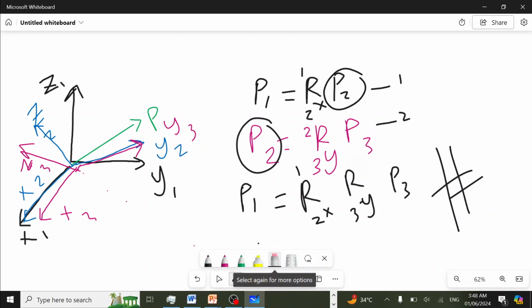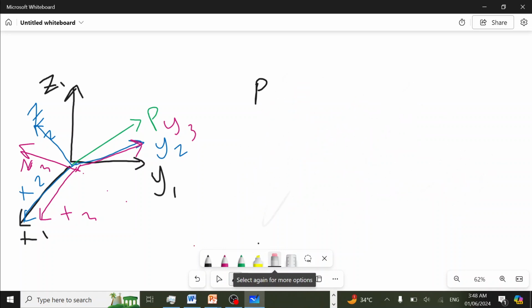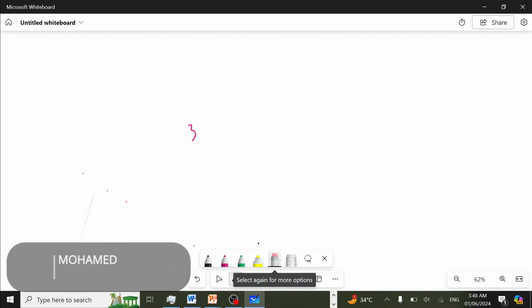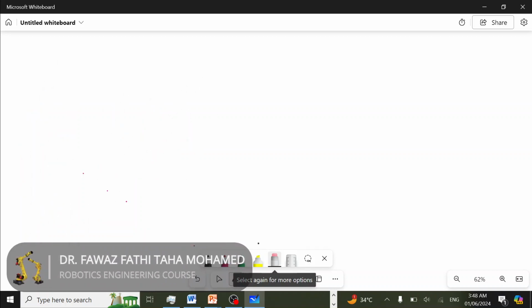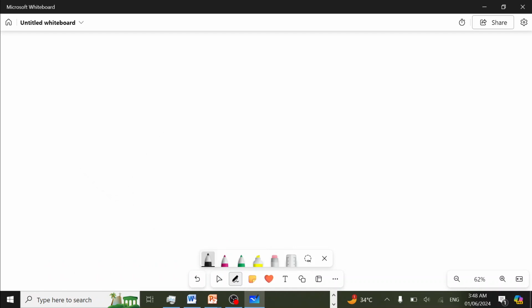So we have to erase everything here on this screen, in order to make this screen very clear.